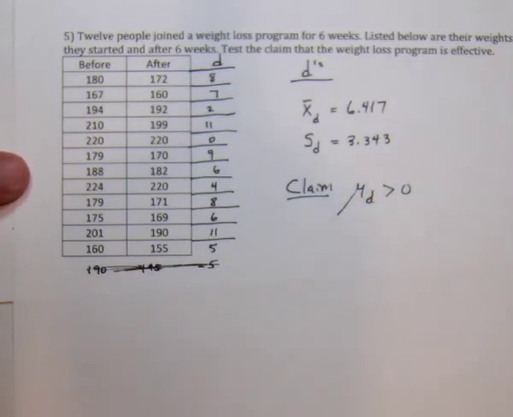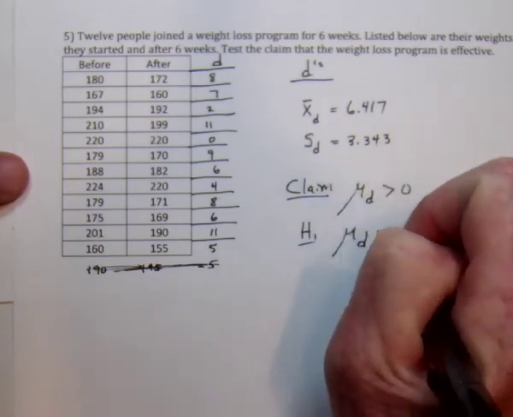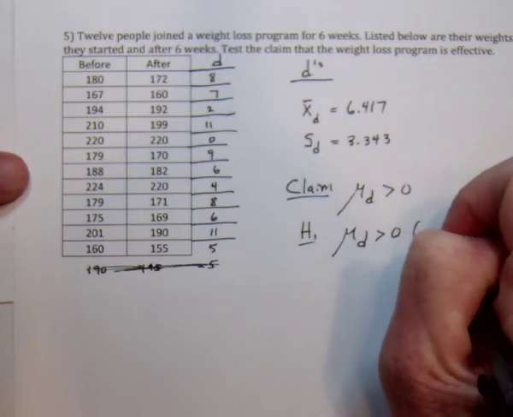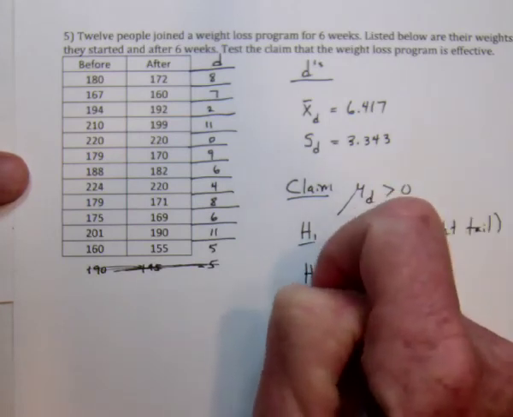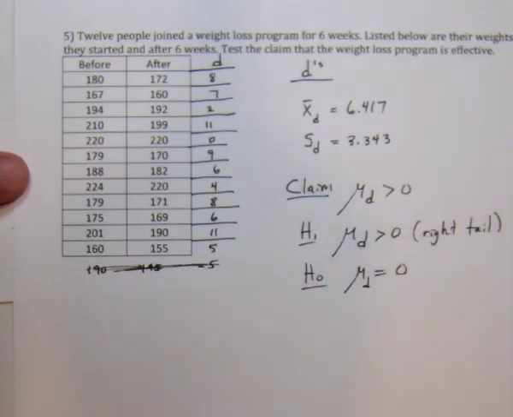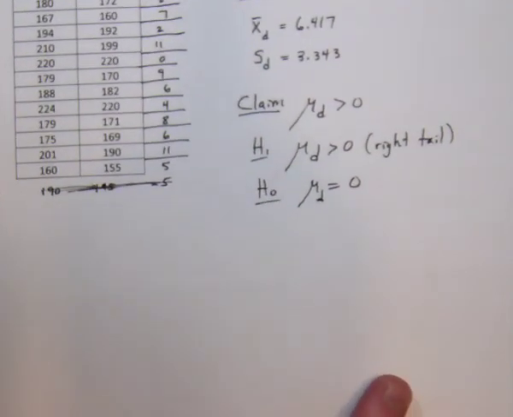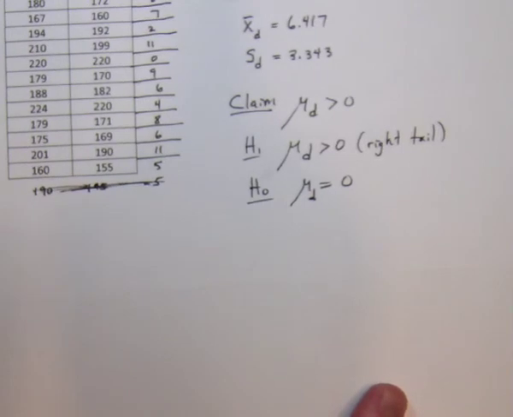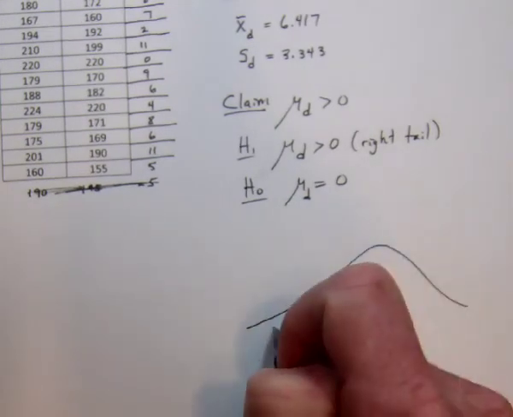They are losing weight. So then H1 would be the same thing. Pointing to the right means it's a right tail. H sub 0 would have equals 0. And then we're back to the good old t distribution from when we very first started hypothesis testing. So it's just going to look like this.